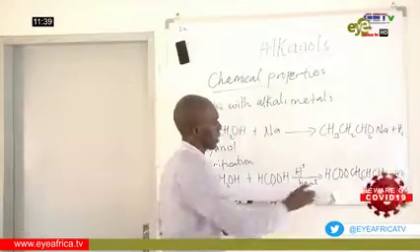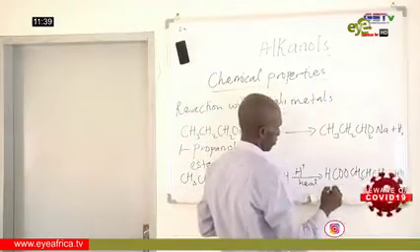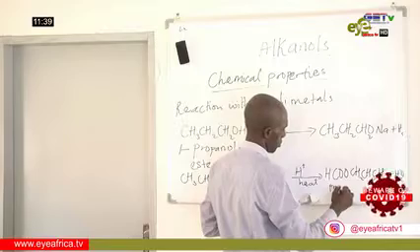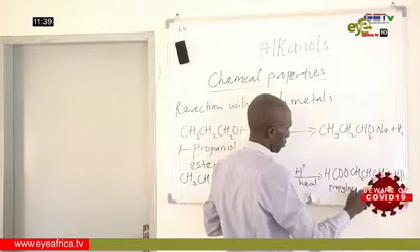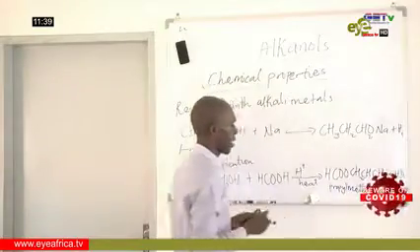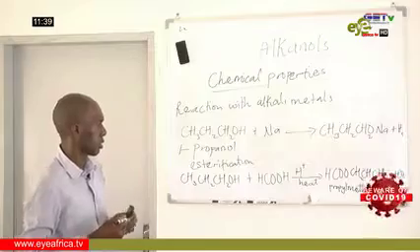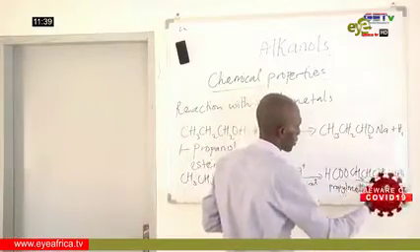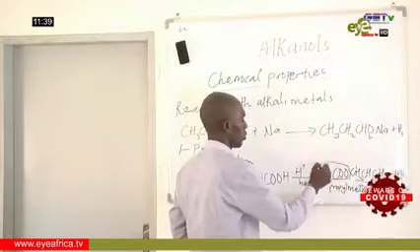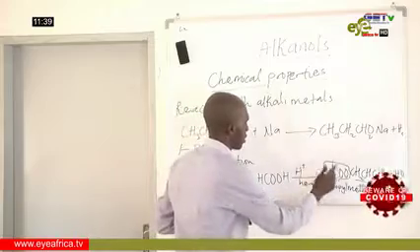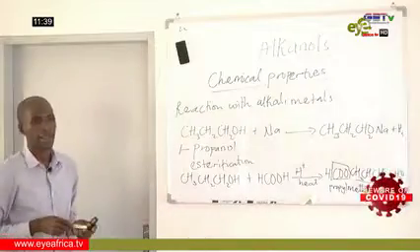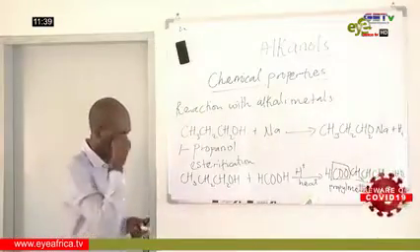So the ester is named as propyl methanoate. So the propyl is the alkyl group, which is made up of 3 carbons, and the methanoate is the ester functional group, that is the COO. COO is the ester functional group. Okay. So if you want to prepare an ester, you can react an acid with an alcohol.